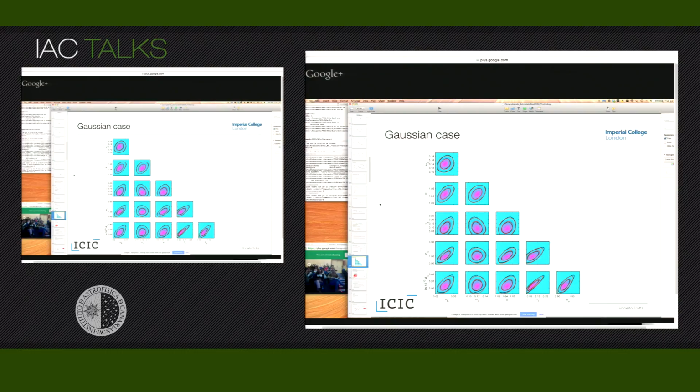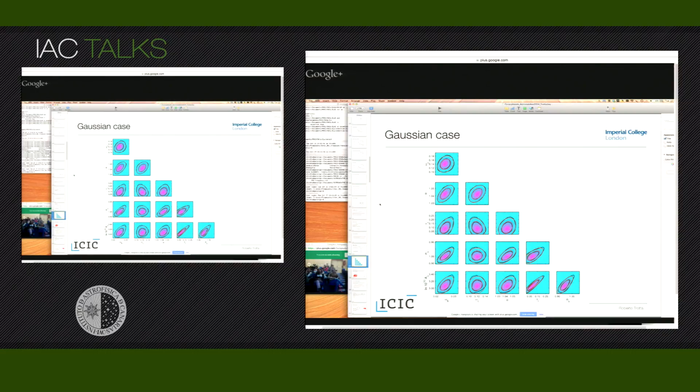And so you can see that the red ellipses are extremely good in approximating the full numerical posterior, to the point that it's really not worth bothering to do the MCMC in this case, because everything is so nice and Gaussian, so you can just use a Gaussian approximation.